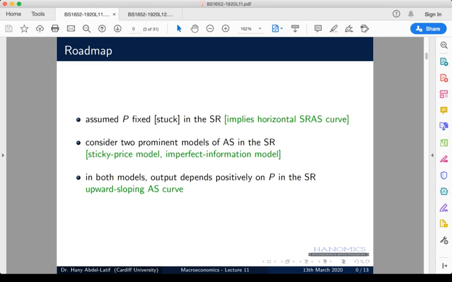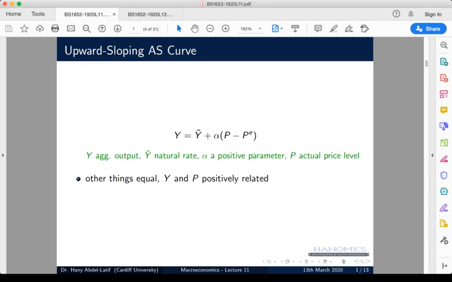If you want me to summarize everything we discussed last time in a few minutes, I would say the main idea is what you see now: the upward sloping aggregate supply curve. Again, we talk about the short run. First, we made some assumptions. Before we talk about an upward sloping curve, we assumed that prices are fixed, and based on that, equilibrium output is determined solely by the aggregate demand curve.